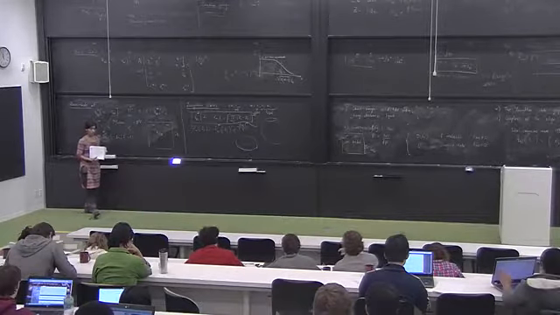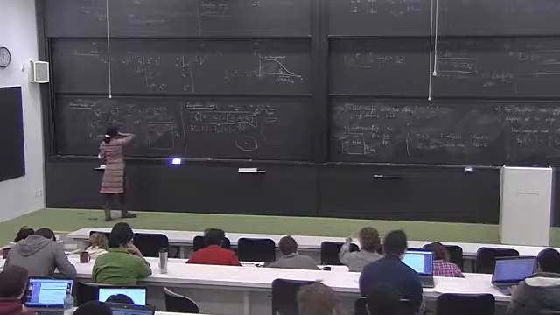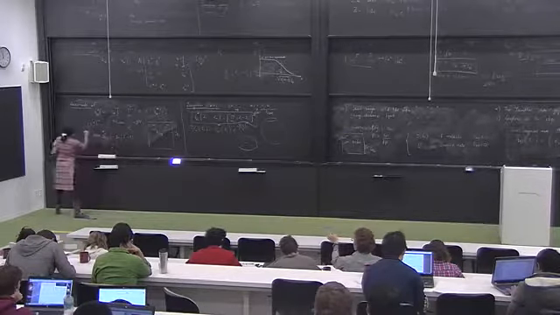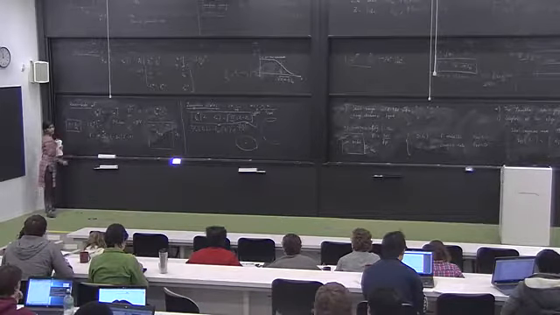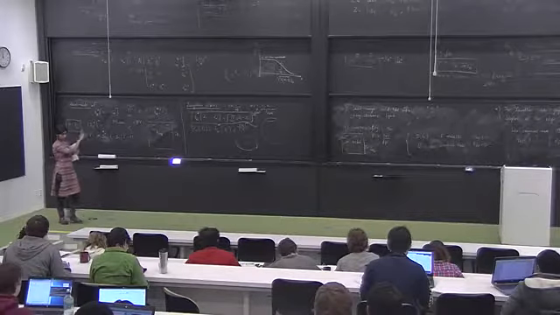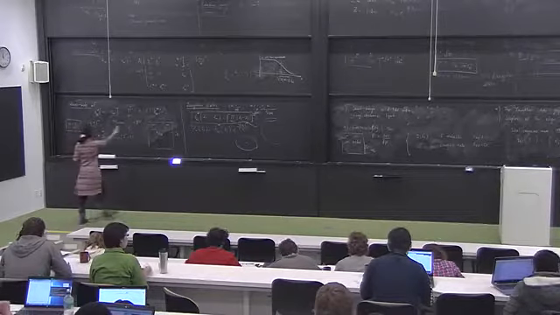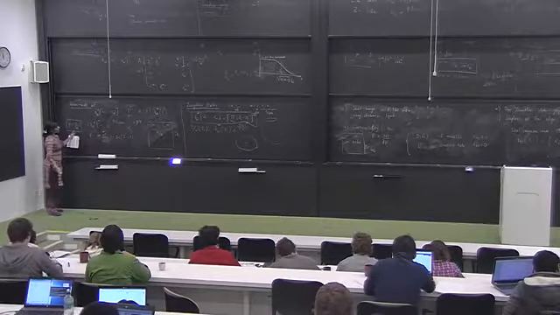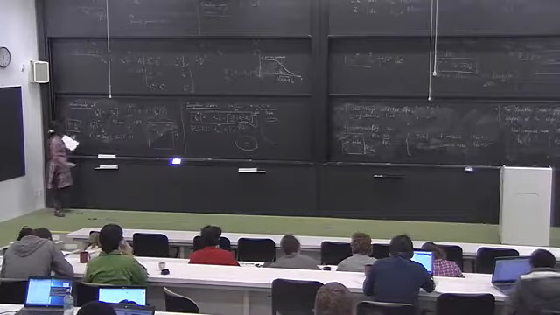Sorry, I should have said this before: beta, the parameter which sets the temperature of the classical plasma, is itself set by m, and it's given by 2 over m.